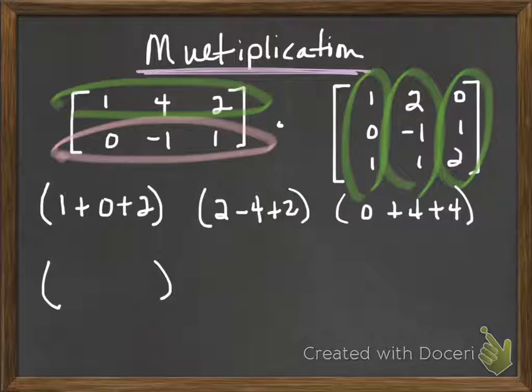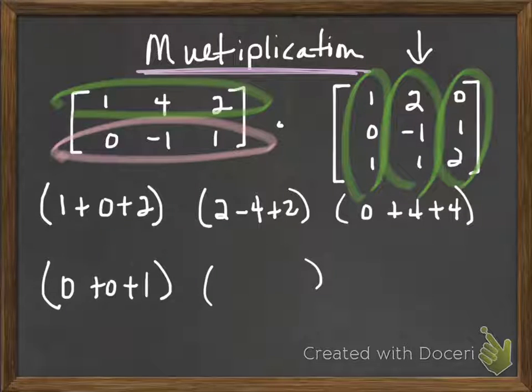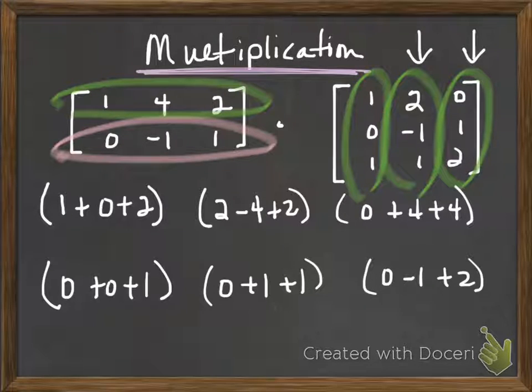So second row times first column gives us 0 plus 0 plus 1. Second row times the second column gives us 0 plus 1 plus 1. Second row times the third column gives us 0 minus 1 plus 2.